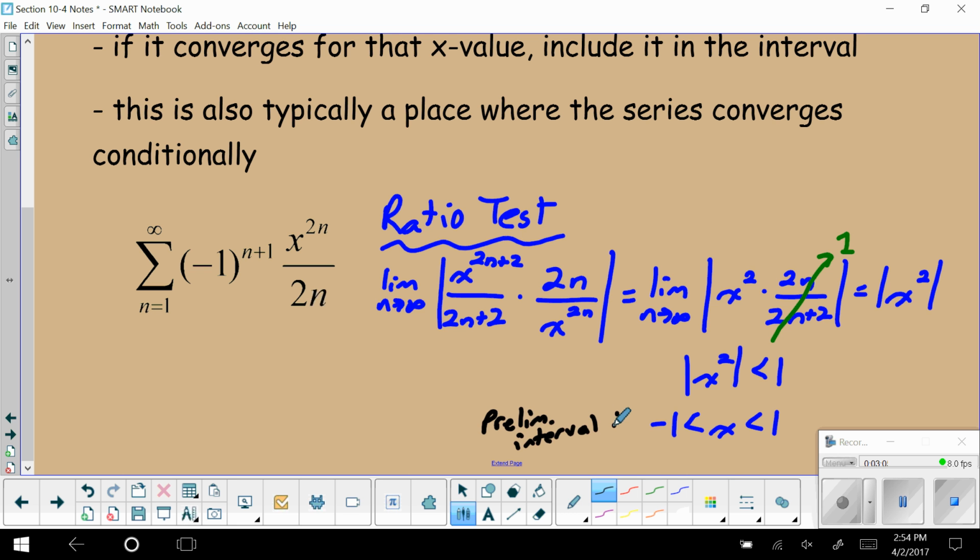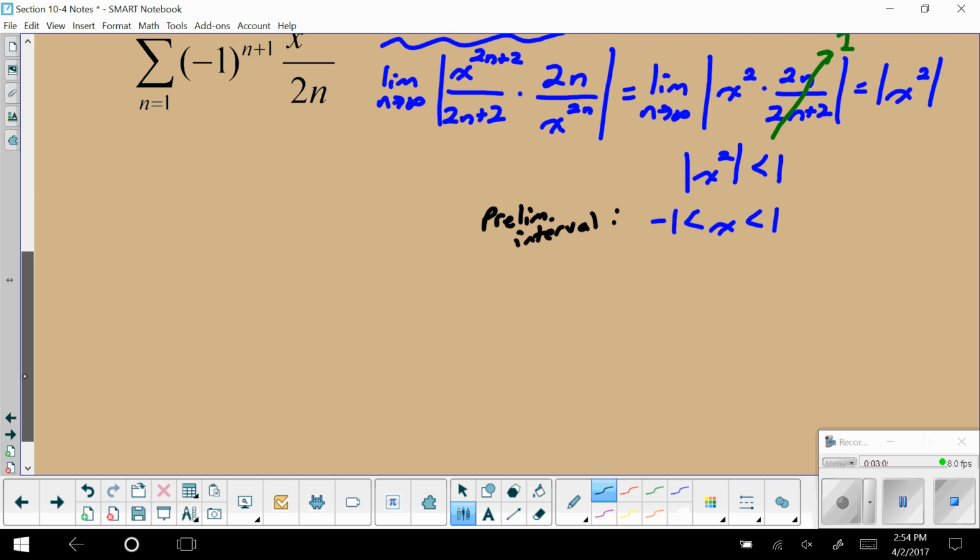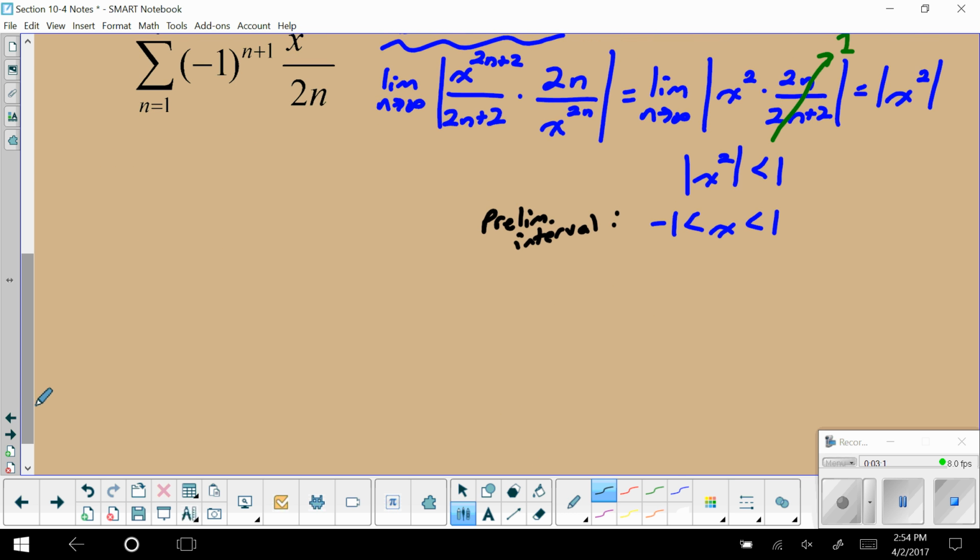So this is my preliminary interval. It's not my final answer, because I need to check the endpoints. I pick one of the endpoints to start with, let's say x equals 1, and plug it in for x.